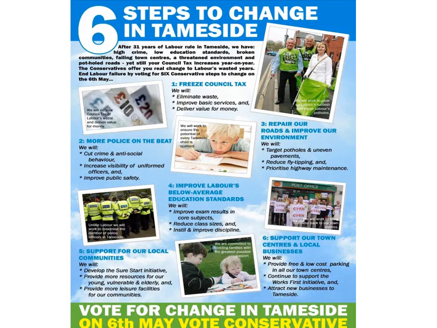Okay, so this is an example, things like freezing council tax, more police, repair roads, etc. So that's just an example that you can have a look at, and if you want to design a leaflet, that's the kind of thing that you would probably put through people's doors. But otherwise, feel free to just list your key 5 things.